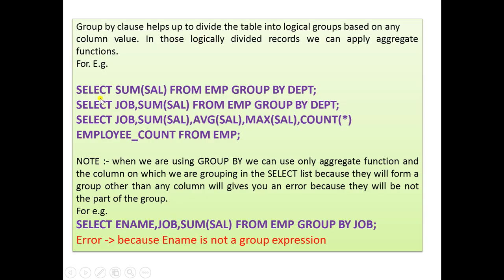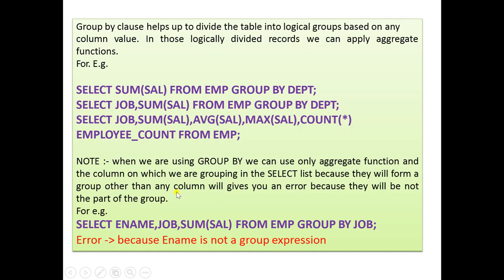See the example: select sum sal from EMP group by department. Now we are taking two columns, that is job, sum sal from EMP group by department again. Now this is another example. You can see we are using the aggregate functions. So group by is applied only on aggregate functions.